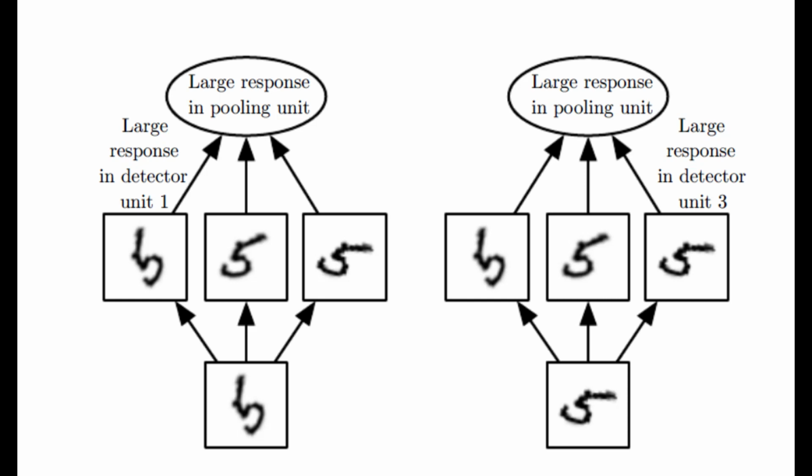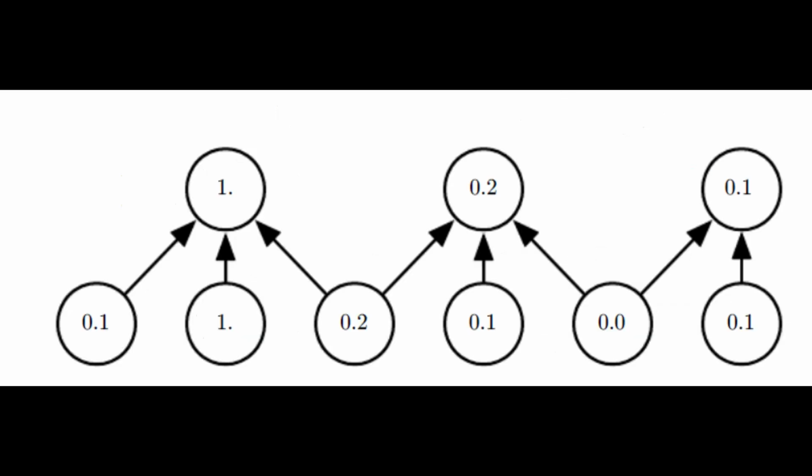Altogether 3 filters are planned to detect a handwritten 5. Each filter attempts to match a somewhat different orientation of the 5. The matching filter will match it and cause a large activation in a detector unit when a 5 appears in the input. The max pooling unit then has a big activation irrespective of which detector unit was activated.